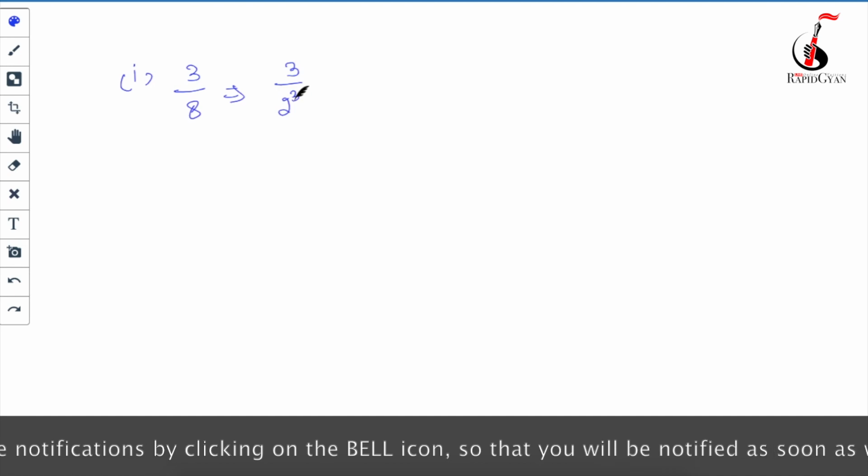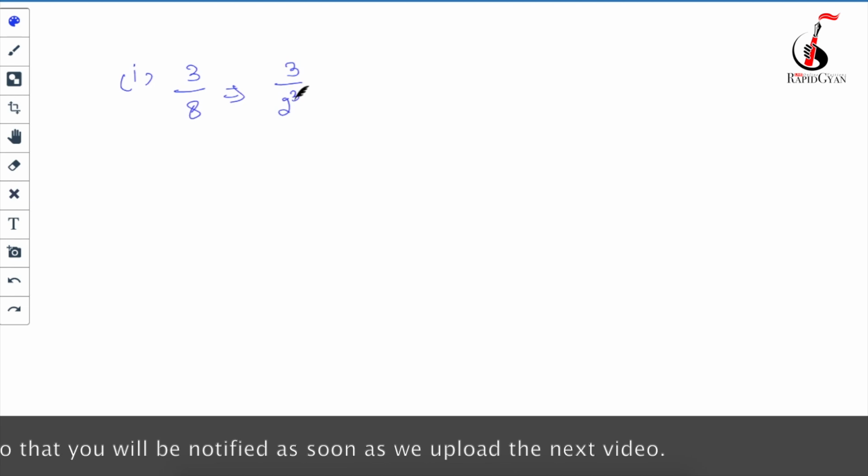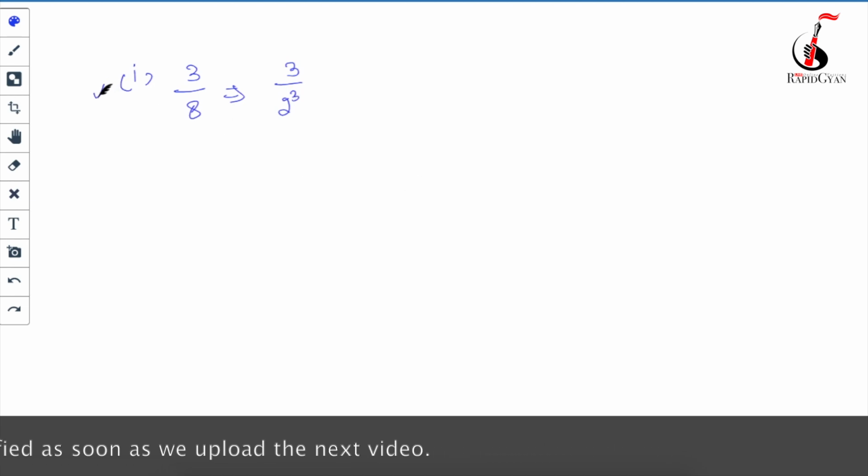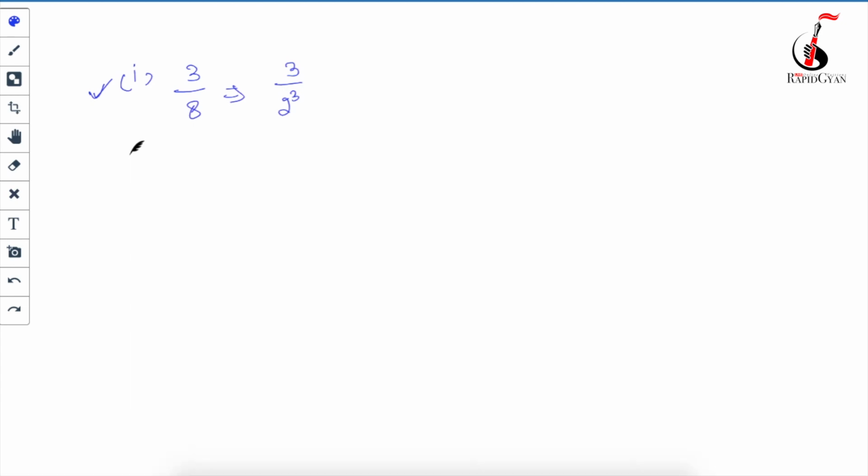One thing which you will have to memorize: if you have to find the decimal expansion of a rational number in the form of p by q, first find out whether that rational number is terminating or non-terminating. If it's non-terminating, you will have to go via the division method. But if it's terminating, you will go via the method which I am going to tell you right now.